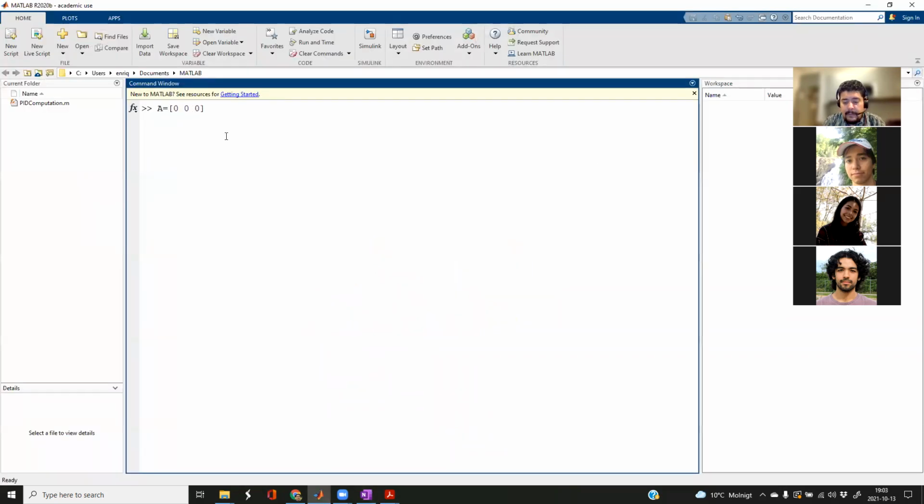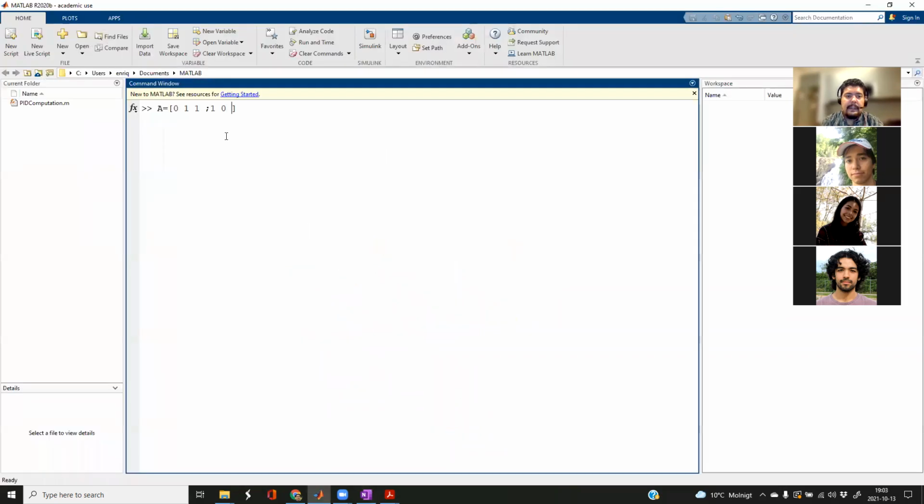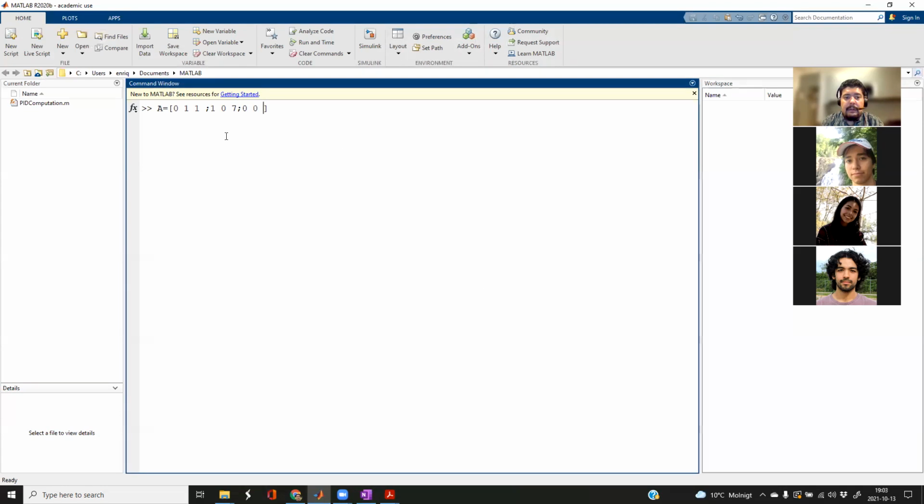Oh, sorry. 1 and 1. With a space or with a comma, we can differentiate between the columns, and with a semicolon, we go to the next row. So 1, 0, 7. And finally, 0, 0, and 0. So this would be matrix A.